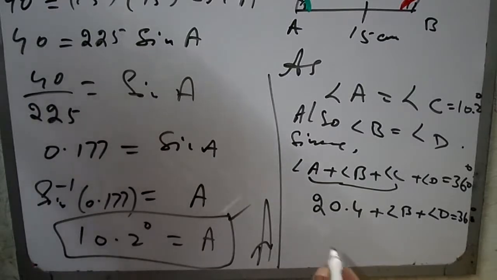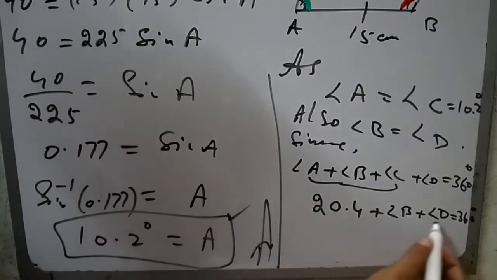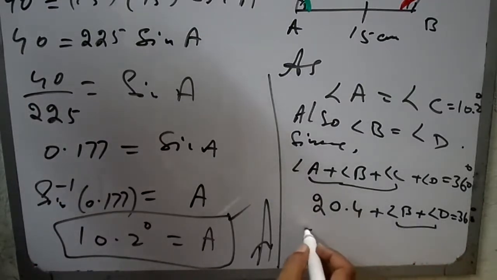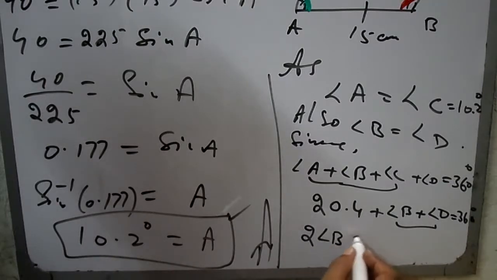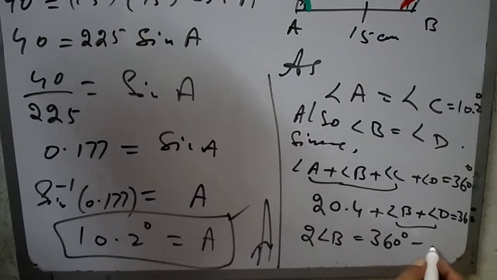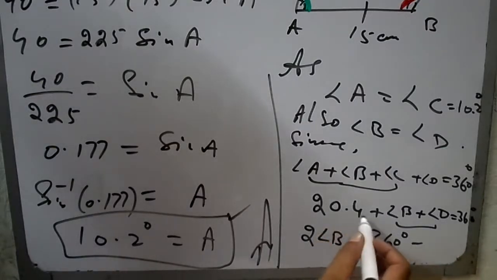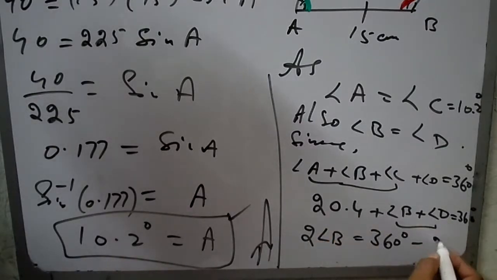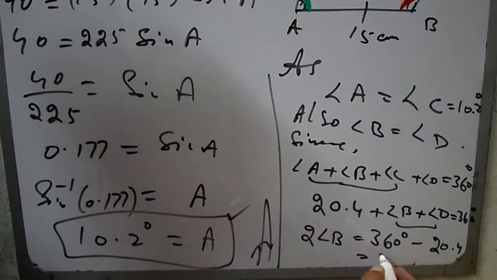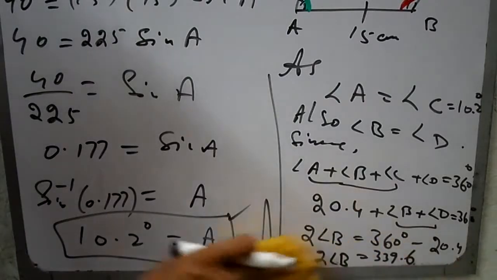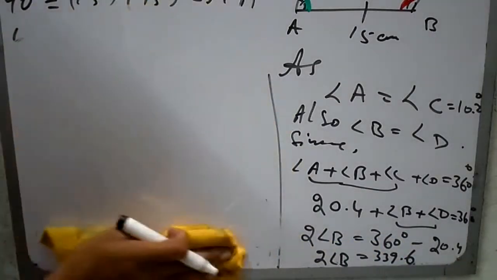Both are equal, so we can say that 2 angle B is equal to 360 minus 20.4, so you will get 339.6, that is your 2 angle B. And what is the value of B?